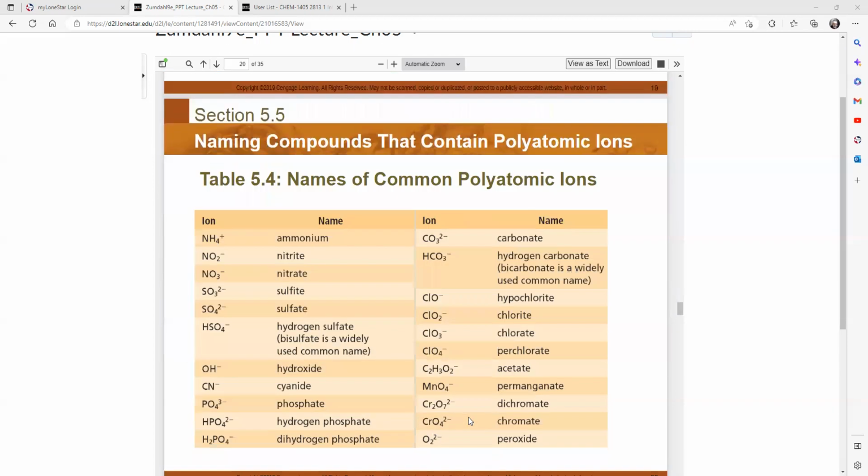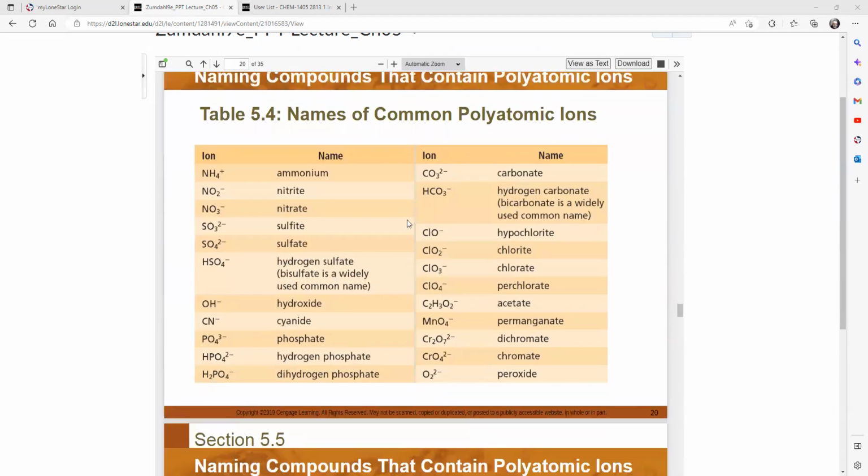Let's see some examples. Here you can print this table and have it at hand in order to use in these exercises. Here you have oxygen ions that contain oxygen, and you have here other ones that don't contain oxygen, like cyanide or ammonium.